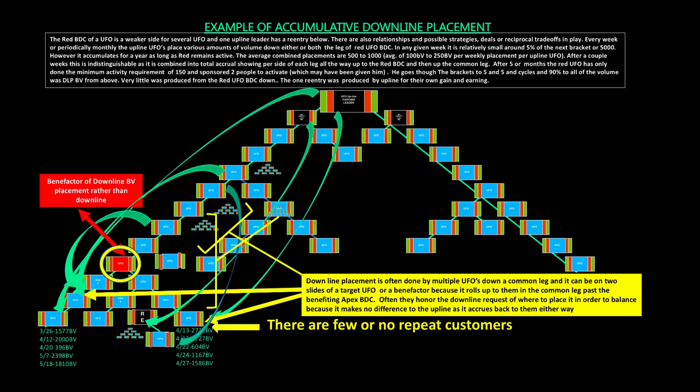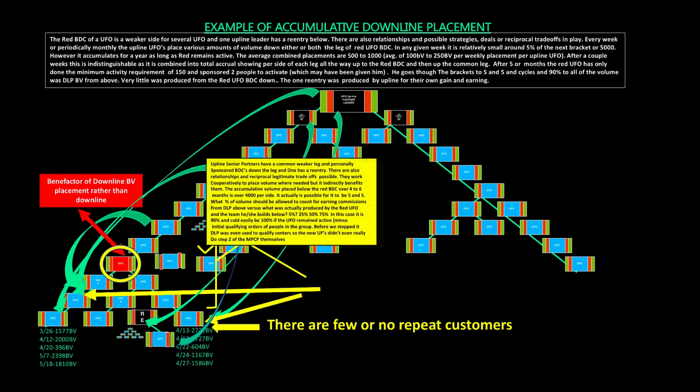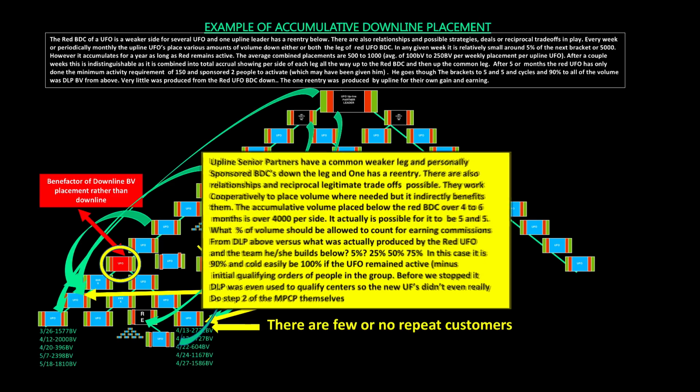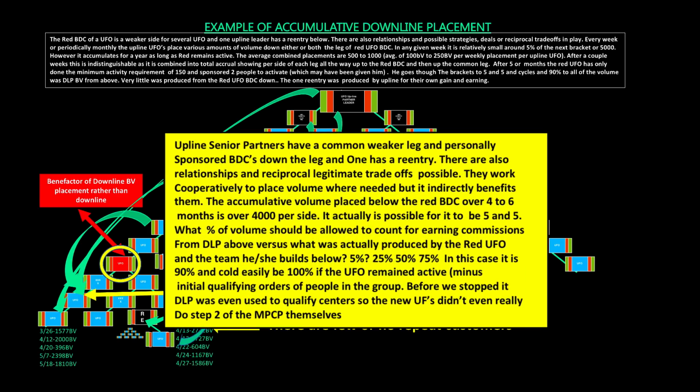And with all of these people placing down below, what happens? Let's take a look. The upline senior partners have a common weaker leg and personally sponsored BDCs down the leg, and one has a reentry. There are also these relationships, and over 4 to 6 weeks, there's over 4,000 BV placed per side, accumulatively.